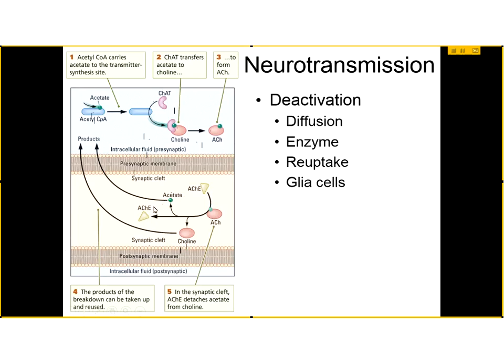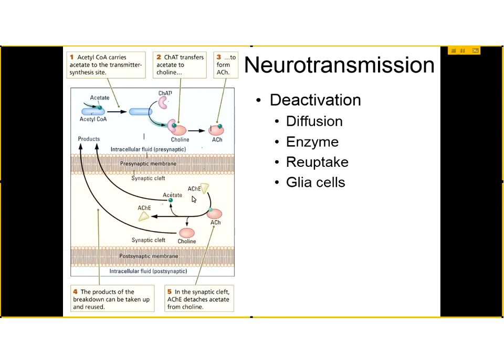So those individual parts, the acetate and the choline, have to be reabsorbed so that then they can be combined to actually make acetylcholine again. But another way that we can deactivate the neurotransmitter outside the diffusion is the function of these enzymes that break down or change the neurotransmitter so they can stop binding postsynaptically.